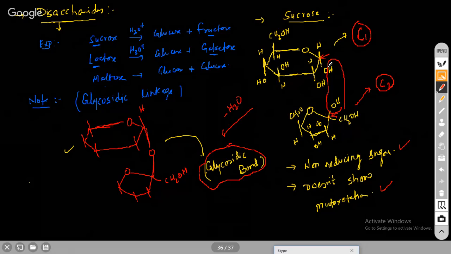When this anomeric carbon is free, only then can it reduce Tollens reagent and Fehling's solution, or itself get oxidized. If this is not free, that reaction is not possible. So keep one thing in mind: whenever this anomeric carbon is involved, it is non-reducing. Another example will help you understand why it is reducing. Understood?